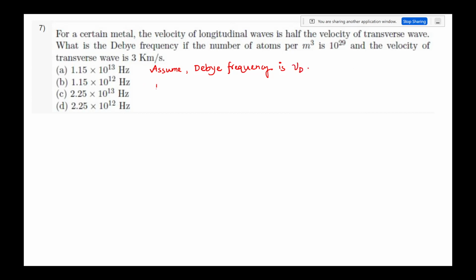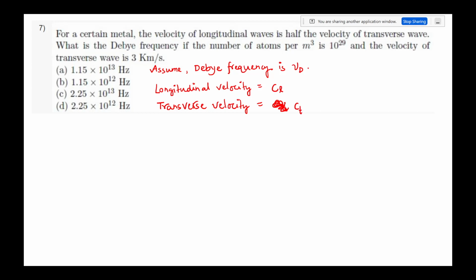Now longitudinal velocity, let me write in terms of CL, and transverse velocity, this is CT.